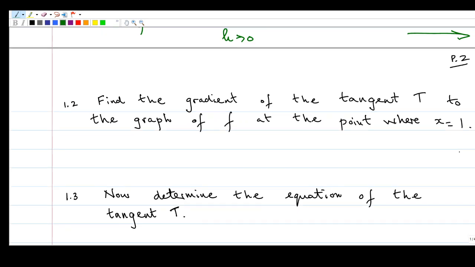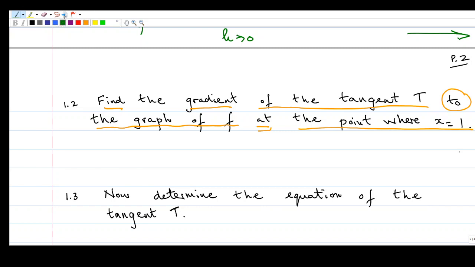1.2, find the gradient of the tangent capital T to the graph of f at the point where x is equal to 1.